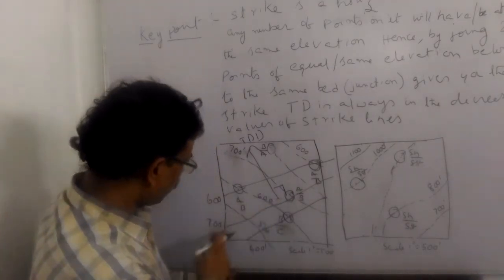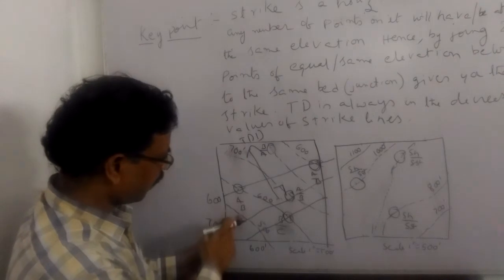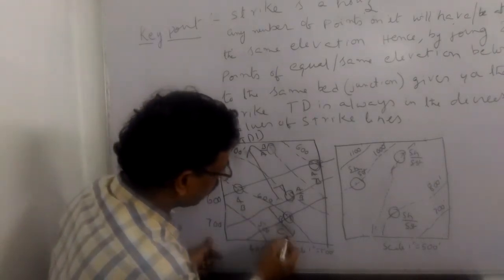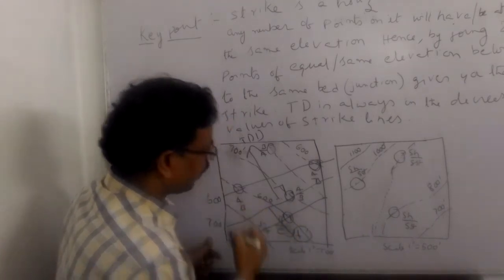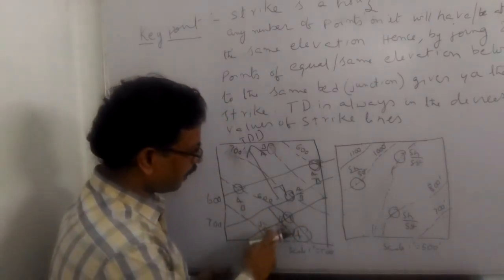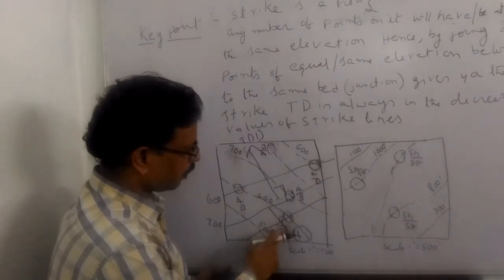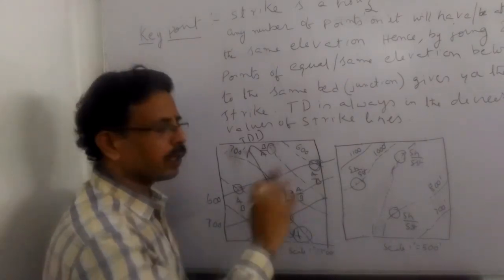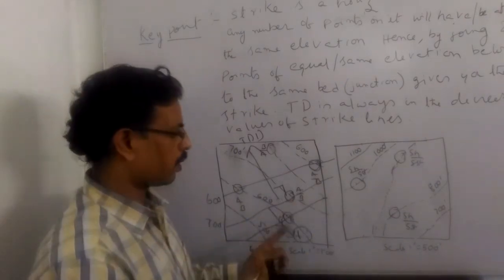What is the value of this one? The 700 point. 700 and 600. If you draw a perpendicular to this one, it will be a wrong one, because you are considering the B by C junction here, and here you have taken the A by B junction. So you are taking two different junctions to draw the true dip direction.